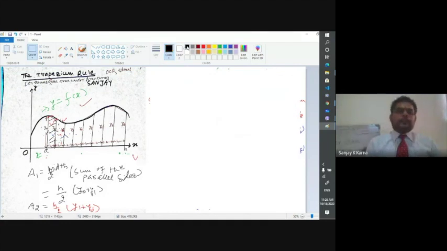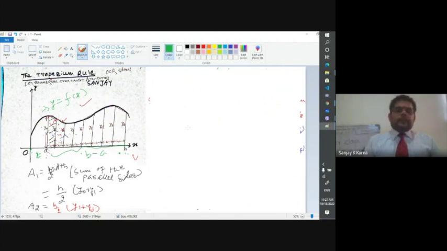So let's see what will be the value of h in this case. Here you can see that between a and b, if you talk about this difference, from o to b, this is b, and from o to a, this length is a. So the length of ab is b minus a.